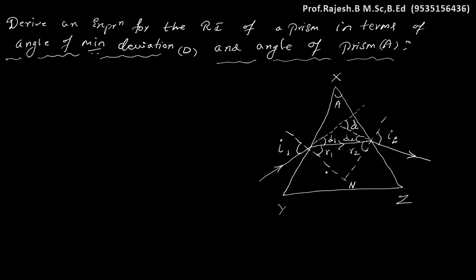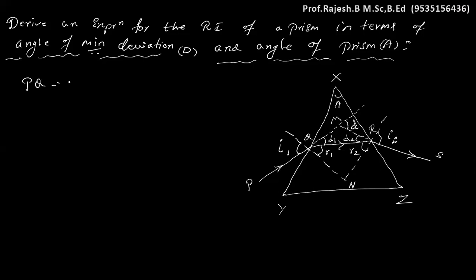D1, D2. Got it? So I'll call this point M. PQ is the incident ray, then take RS, RS is an emergent ray. Okay, this is the picture.